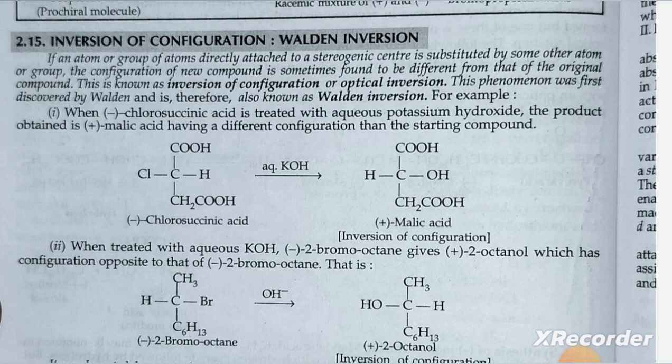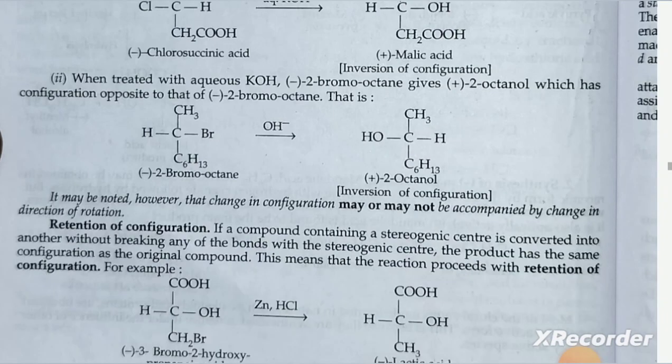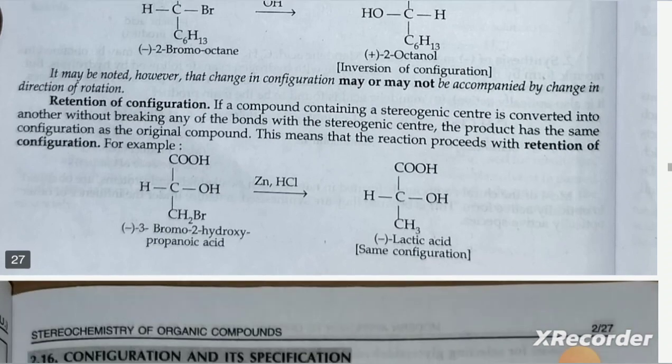Second, when treated with aqueous KOH, minus 2-bromo-octane gives plus 2-octanol, which has configuration opposite to that of minus 2-bromo-octane. That is, minus 2-bromo-octane with OH negative gives rise to plus 2-octanol, inversion of the configuration. It may be noted, however, that the change in configuration may or may not be accompanied by change in the direction of rotation.